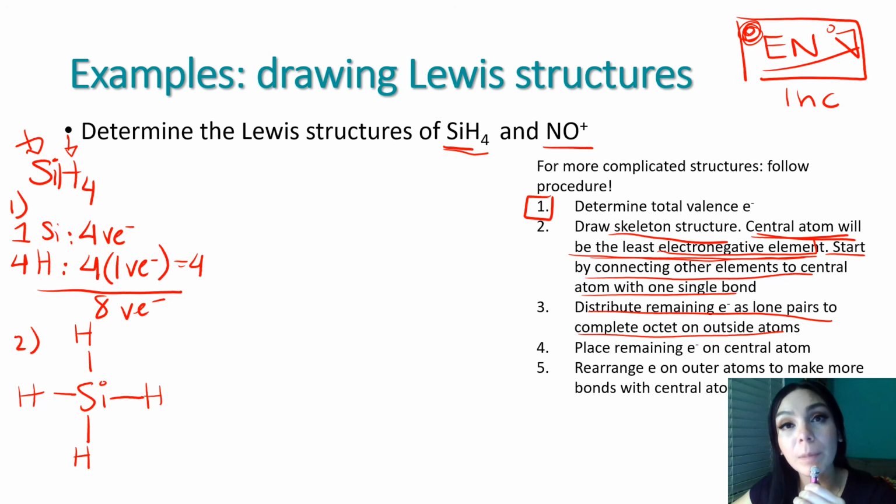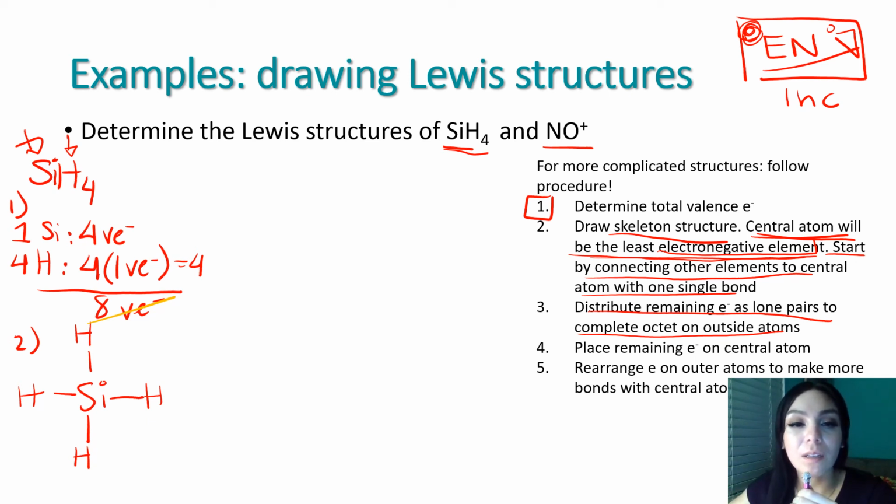So let's count up how many electrons we've used up. So far, we used up 2, 4, 6, and 8. So basically we used up all of them. So we're done. That was it for our Lewis structure in this case. So this was a very simple Lewis structure. We didn't actually have to go to any of the other steps.